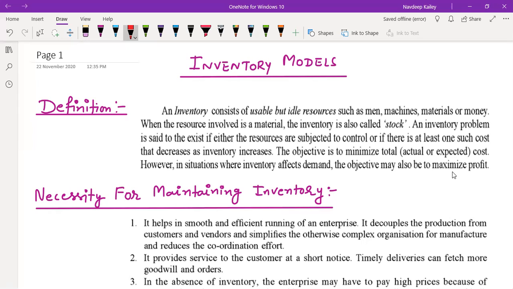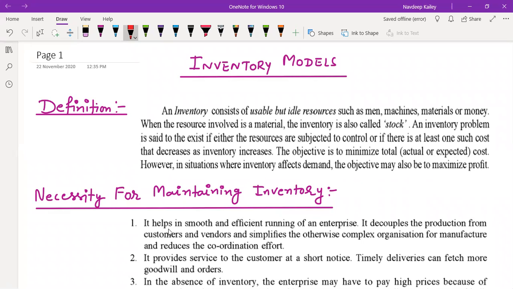Whether it is a service organization like a hospital or a bank, or a manufacturing or trading organization, if an enterprise has no inventory of materials at all, on receiving a sales order, it will have to place an order for purchase of raw materials, wait for their receipt, and then start production. Maintaining an inventory is necessary because of the following reasons.